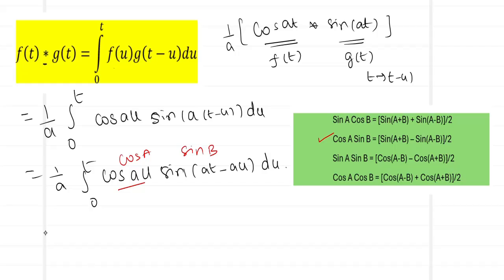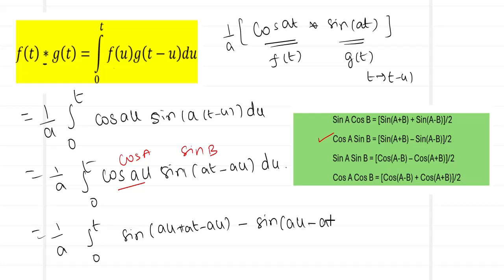So we have this as 1 by a integral from 0 to t sin of au plus at minus au, so this is a plus b, minus sine of a minus b, au minus at plus au, divided by 2. So let me take this 2 outside, and this has to be integrated with respect to du.